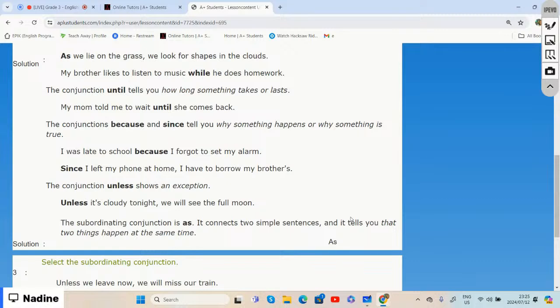Then we also have the subordinating conjunction unless, and unless shows an exception to something else. Unless it's cloudy tonight, we will see the full moon.